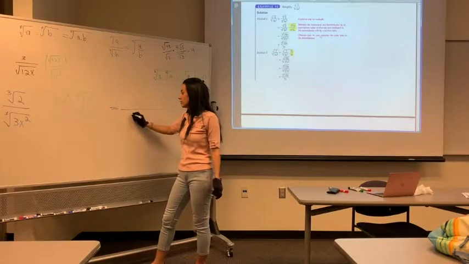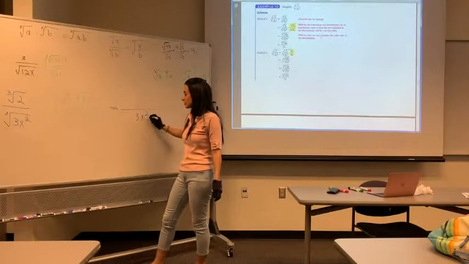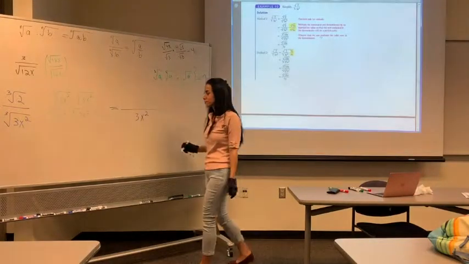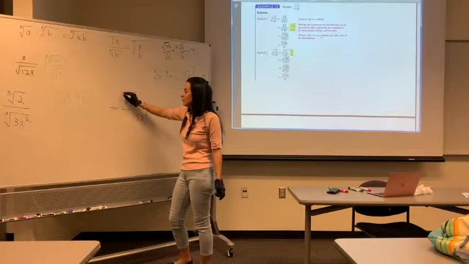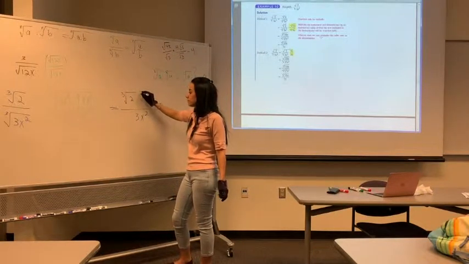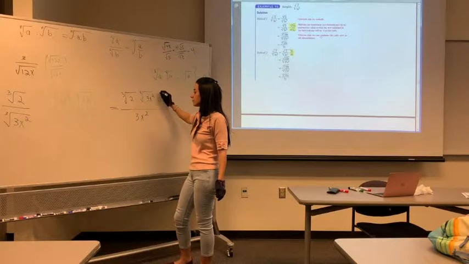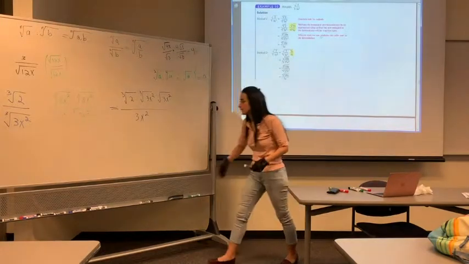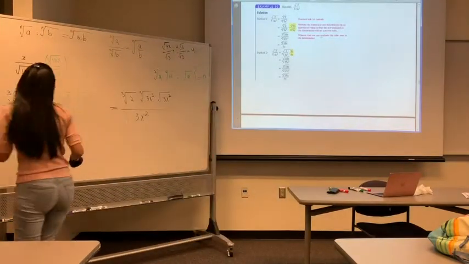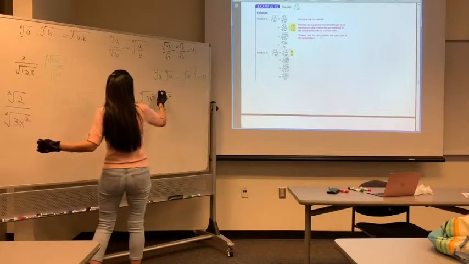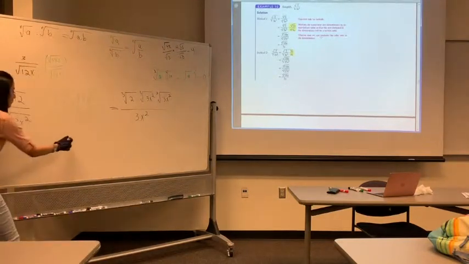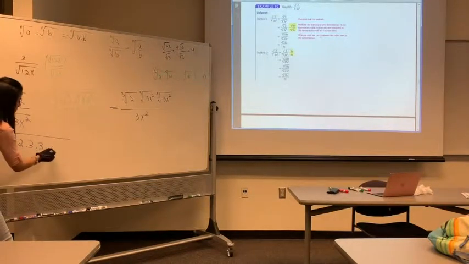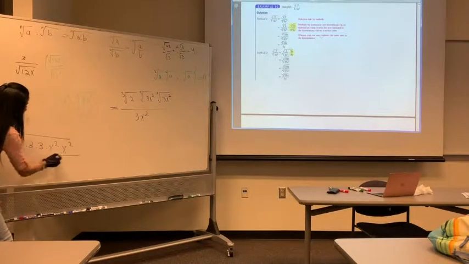So in the denominator, I have 3x squared, and in the numerator we have all of them. The indexes are all the same, right? So I can put everything under one whole radical. So I have 2 multiplied by 3 multiplied by 3, x squared multiplied by x squared.